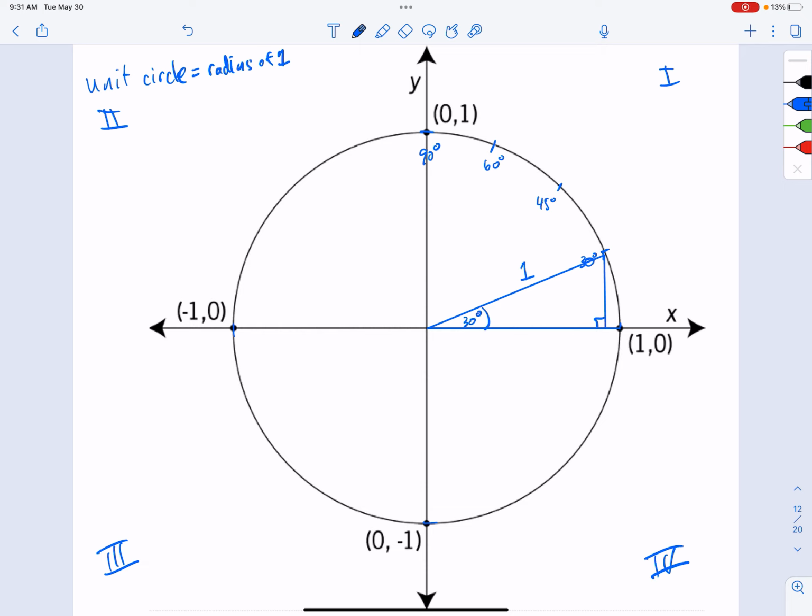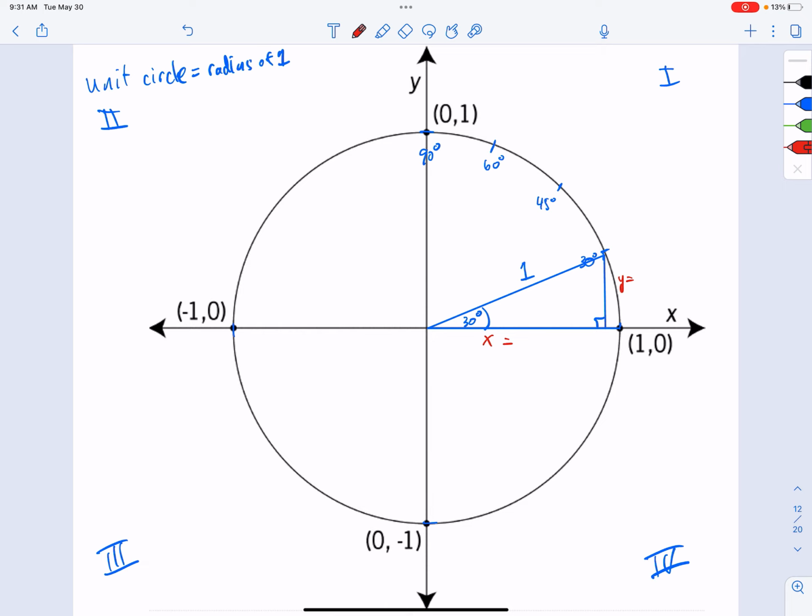Now, if I were to do the Pythagorean theorem, I could come up with the horizontal value. I'm sorry, not the Pythagorean theorem. I could use cosine of 30 degrees to get this x coordinate. I could use sine of 30 degrees to get this y coordinate, or the x value, the horizontal value, and the vertical value, which I'm calling y.